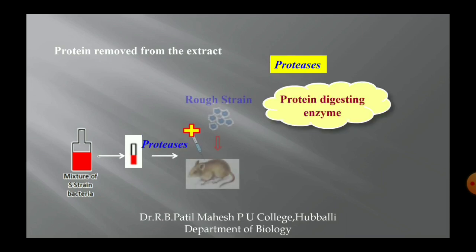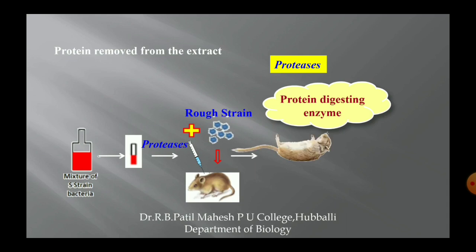It does not affect the transformation. Proteases in the mice do not affect transformation, and the mice died because of pneumonia. That means this proved that protein is not the transforming principle.